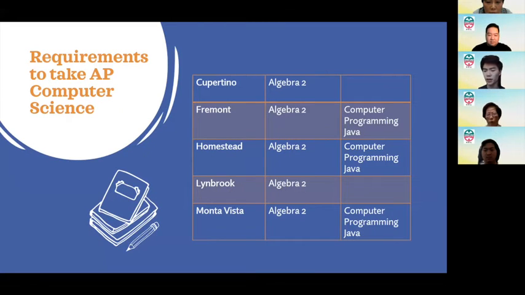They all recommend that students take computer programming Java before taking Computer Science A. And Cupertino and Nimbrook also have computer programming Java, although it's not as much of a requirement. But for all of these schools, you want to be sure to take Algebra 2 before you take Computer Science A.